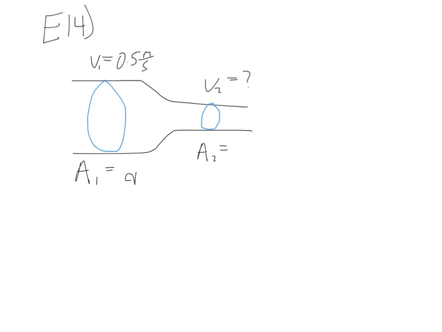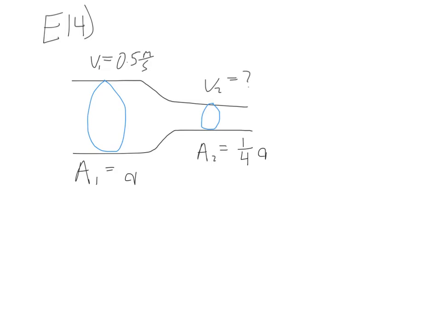And the stream narrows to 1/4 of its area. So this area we'll call 1/4 of A. And we want to know what happens to the velocity. Now, Bernoulli's principle says that velocity is going to increase.